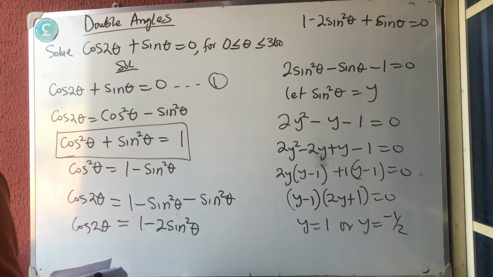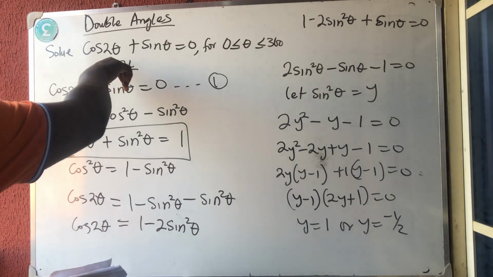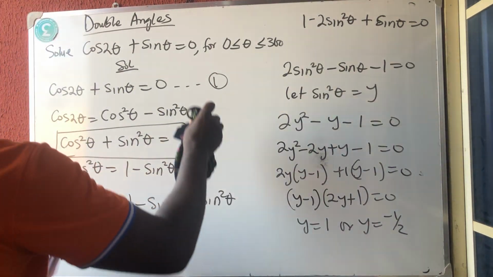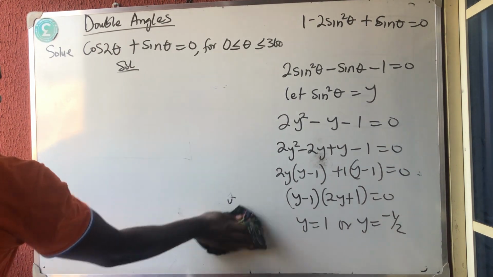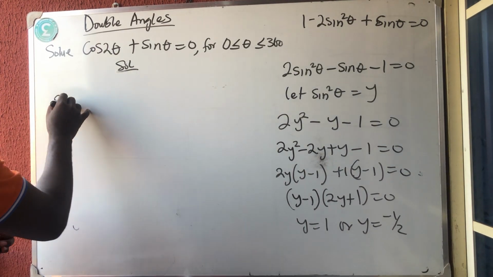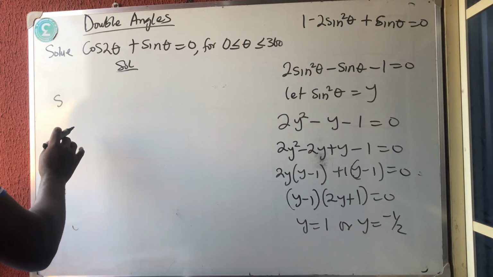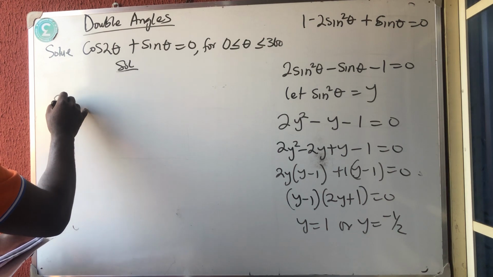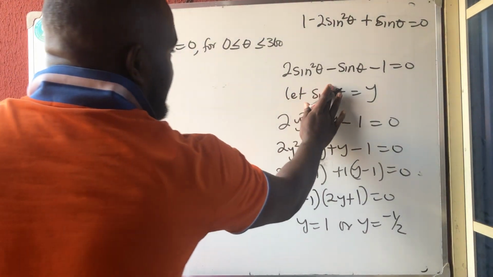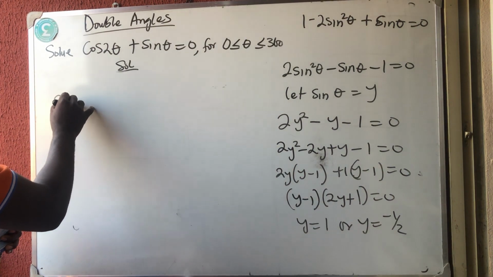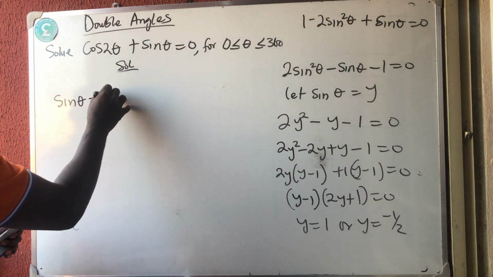But we are not looking for y. They say we should solve this, and solve means we should find theta. So to find theta, sorry, let sine theta, not sine square theta, be equal to y.